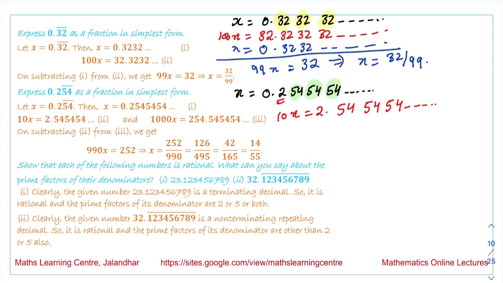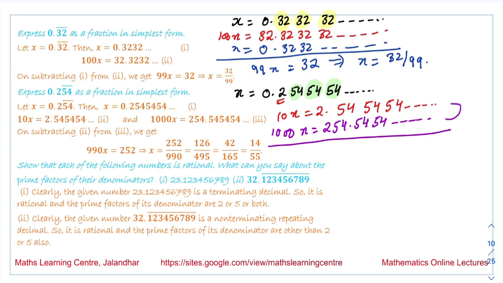Now we multiply it with 100. 10x is already there, we are multiplying it with 100 and we get 254.5454 and so on. When we subtract the equations, we get 990x is equal to 252. This implies x is 252 by 990.